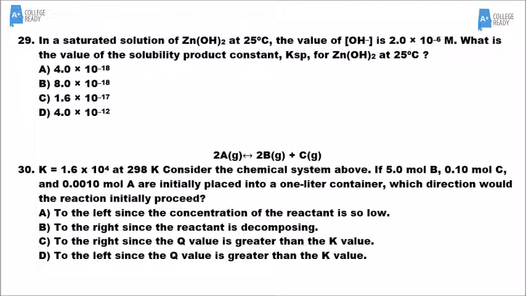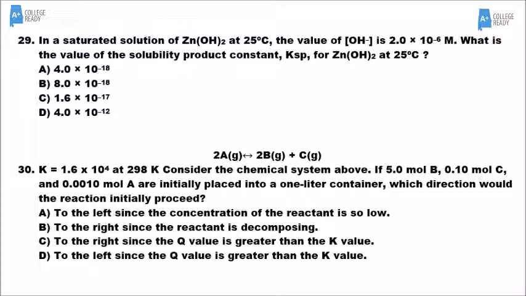For number 29, we know that the OH is 2 times 10 to the negative 6th. Looking at the equation of dissolution, we know for every 1 zinc, there's going to be twice as many OH ions. So if OH is 2 times 10 to the negative 6th, then zinc is 1 times 10 to the negative 6th.